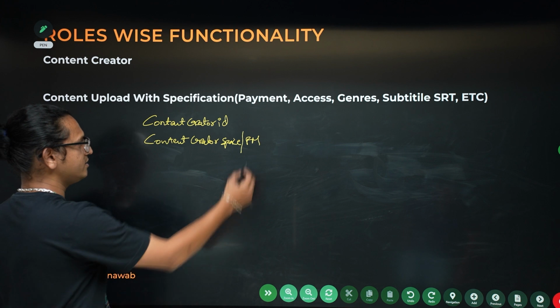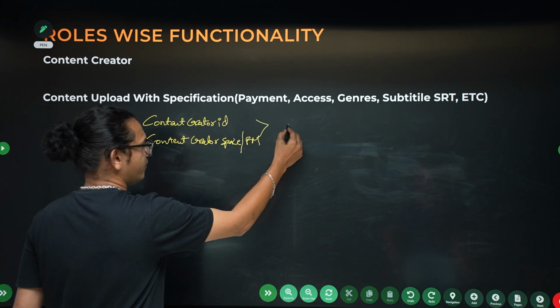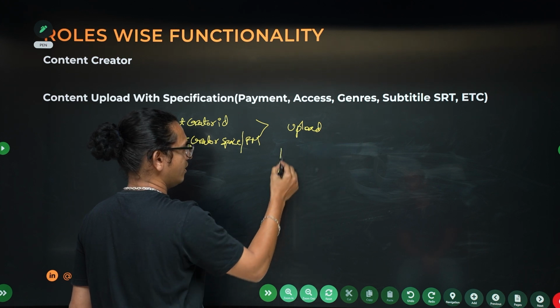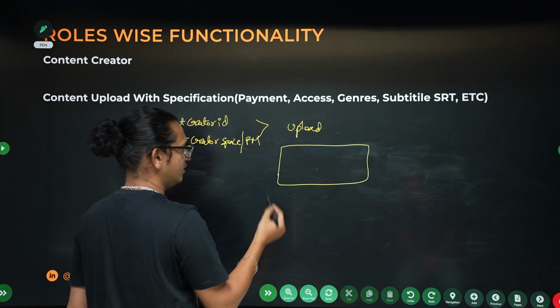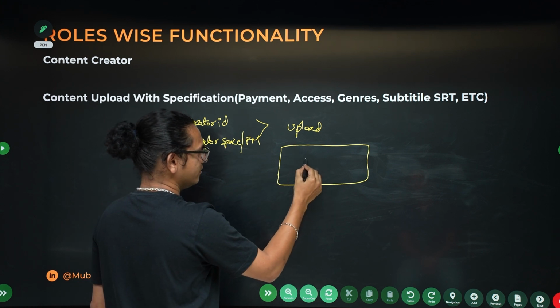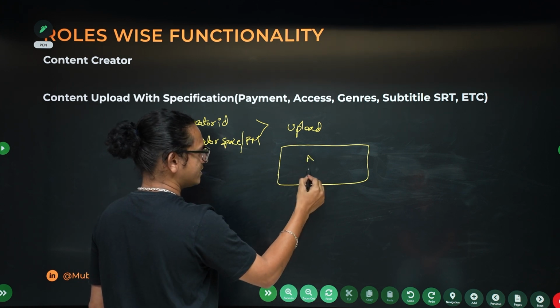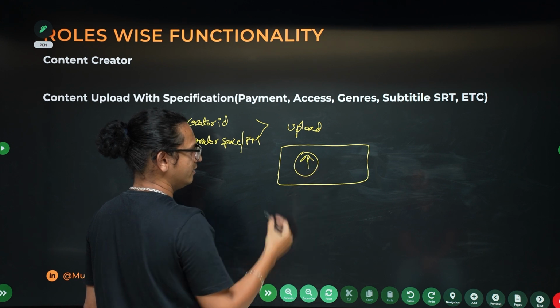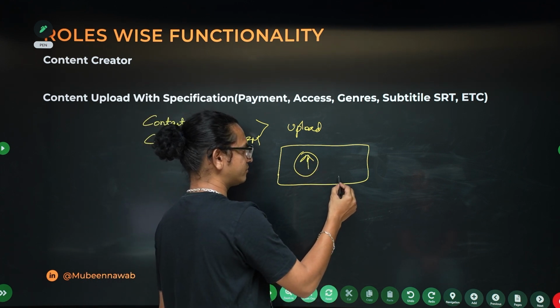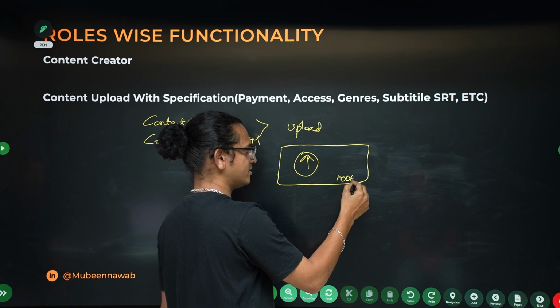Along with these, whenever a file gets uploaded, we need to design a page where a content creator can upload the file. Let's say I have uploaded the file here, and this file is, let's say, 100 GB.